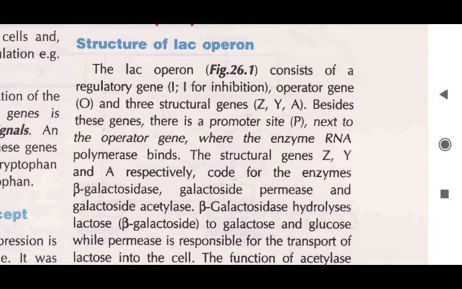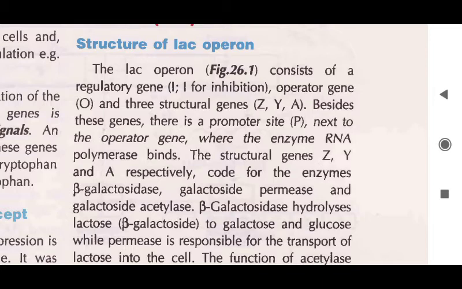It also consists of an operator gene denoted by the letter O, and three structural genes Z, Y, and A. Beside these three genes, there is a promoter site denoted by P next to the operator gene, where the enzyme RNA polymerase would bind.